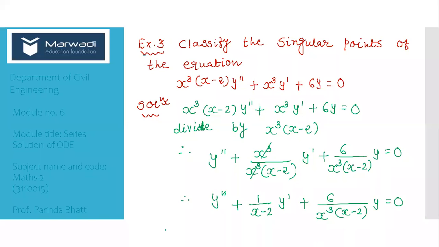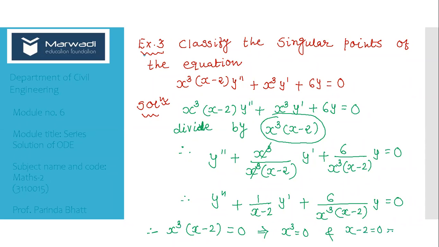Now regarding the singular point, which term do we divide by? We divide by x cube (x minus 2). Therefore, put this term equals 0: x cube (x minus 2) equal to 0. Therefore, x cube equals 0 and x minus 2 equal to 0.